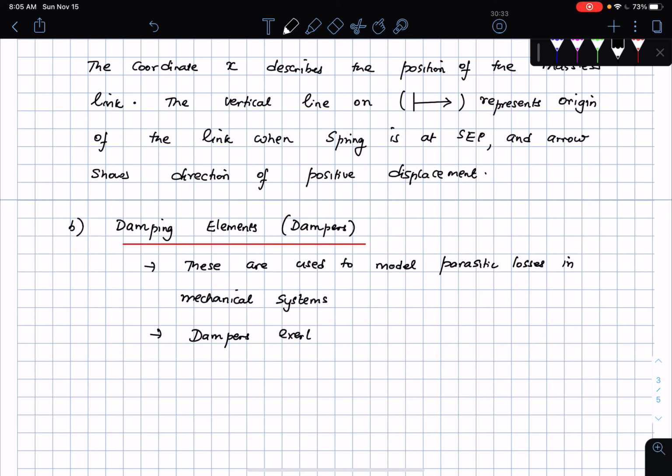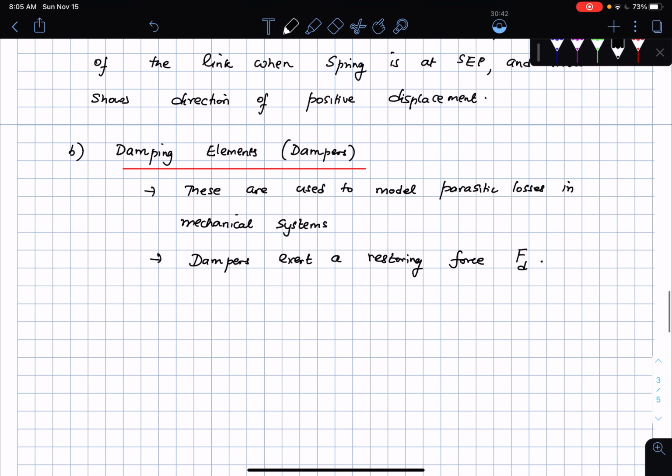Dampers exert a restoring force, which I'm going to call F suffix D. This restoring force of the damper is proportional to the relative velocity between the ends of the damper.